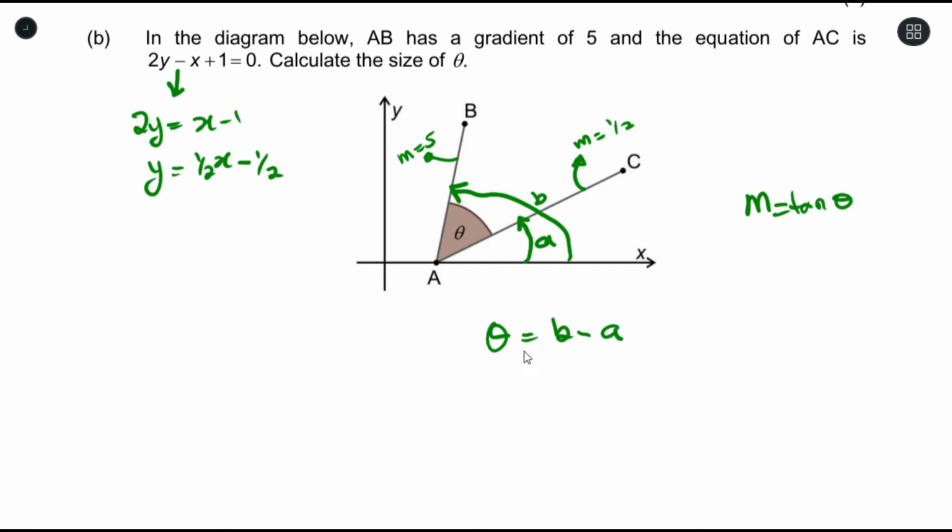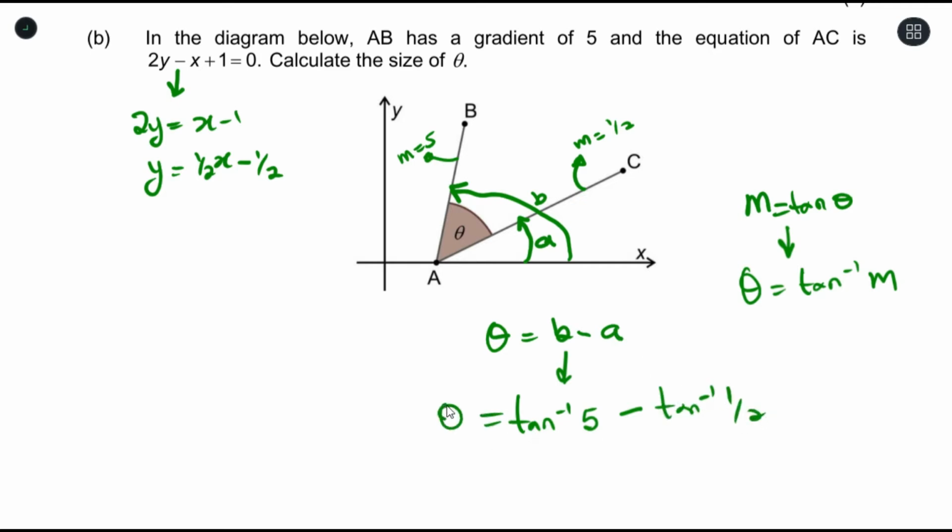So before we find our theta here, let's rewrite this equation in terms of the angle. So the angle can be equals to the inverse function of the gradient. Okay, so for B, I could actually write it as tan inverse of the gradient, which is 5. And for the second one, which is A, it will be tan inverse of half. And that there will give me the theta that you want.